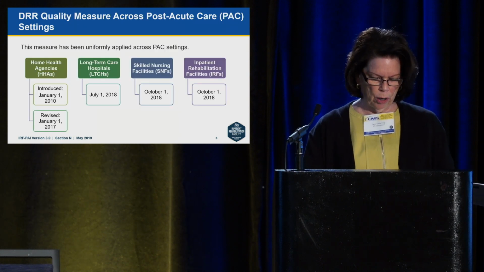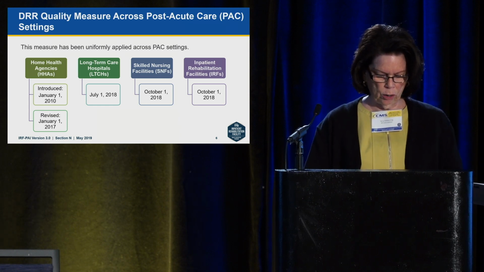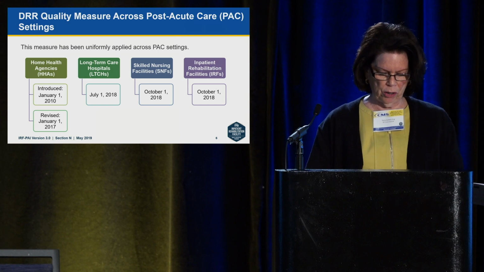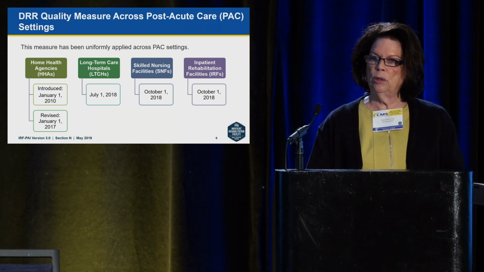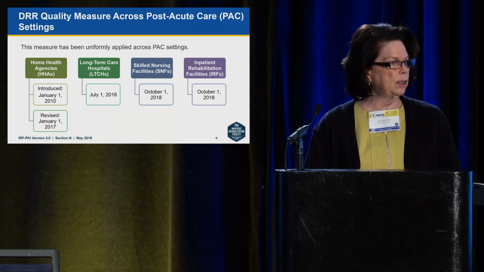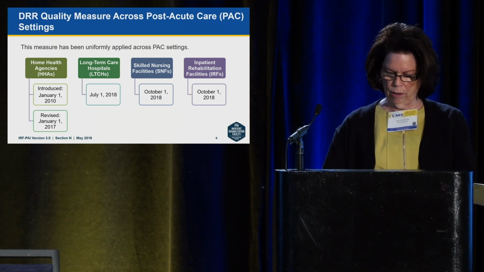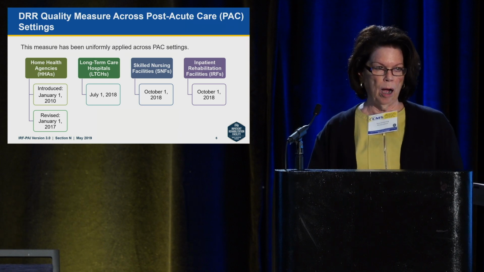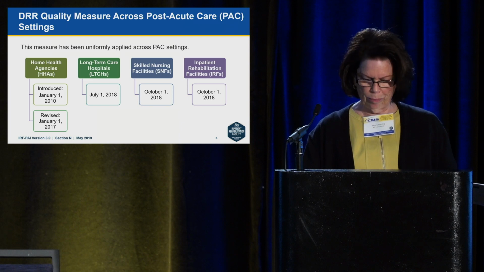As you probably know, the home health agencies implemented this measure in January of 2010. The long-term acute care hospitals implemented it in July of 2018, and skilled nursing facilities and IRF, as you know, implemented this measure and this section in October.